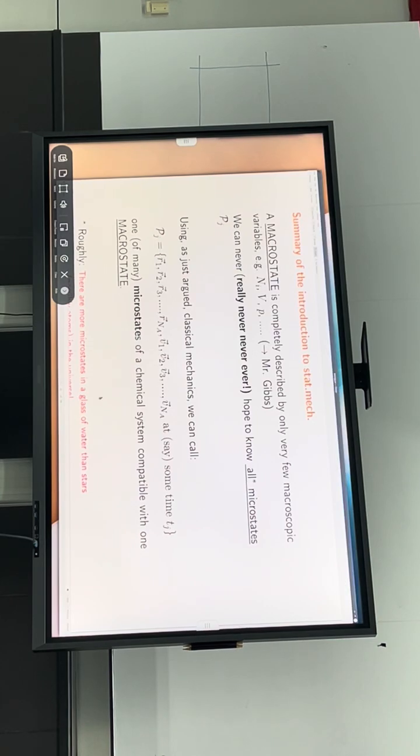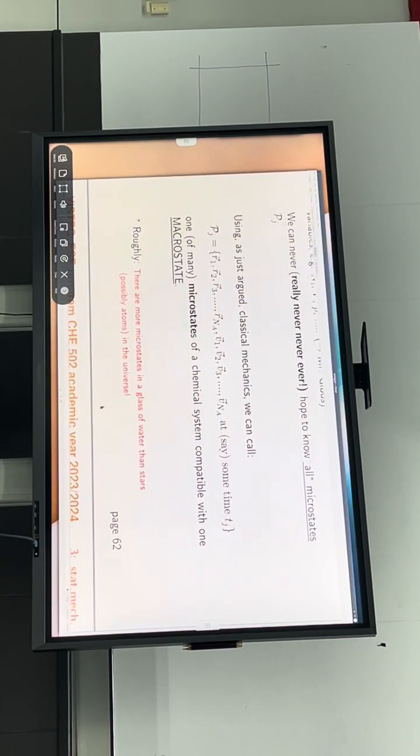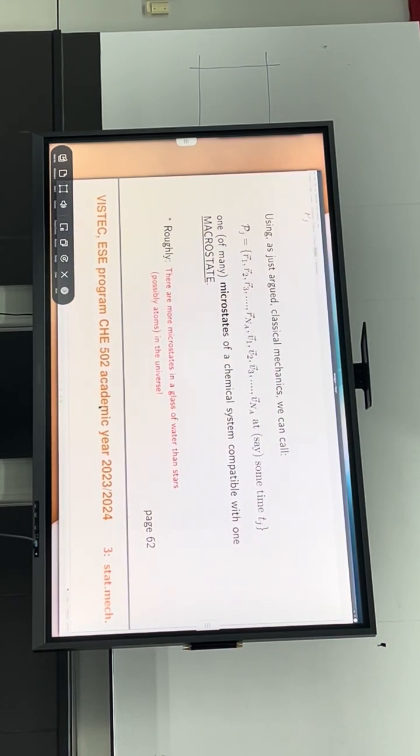This has also been said, but this will be important today. Where did the mouse go? Here it is. We can construct a vector that contains all positions and all velocities of all particles, for instance, at a given time t, and that we call the classical state of the system.